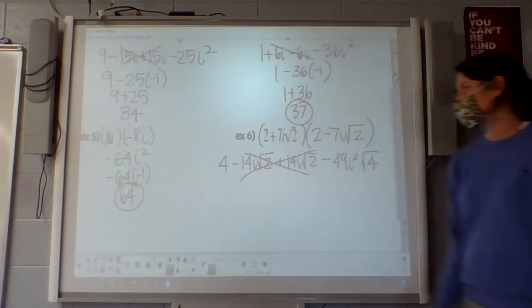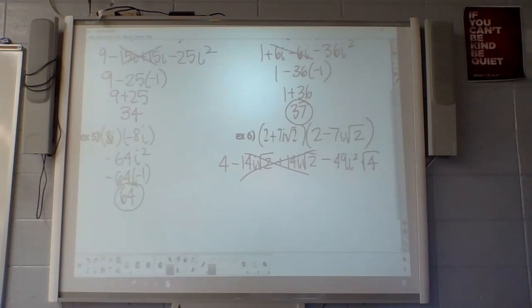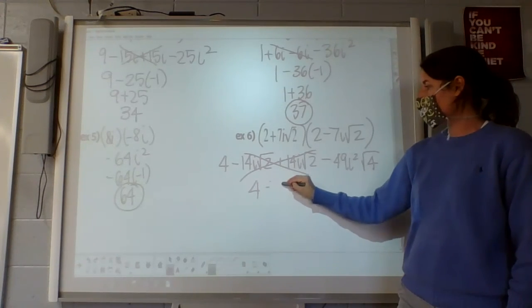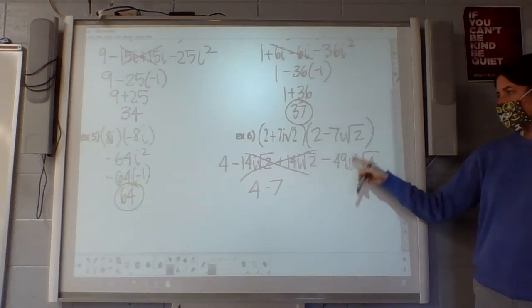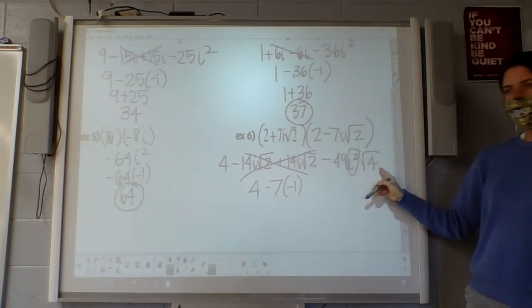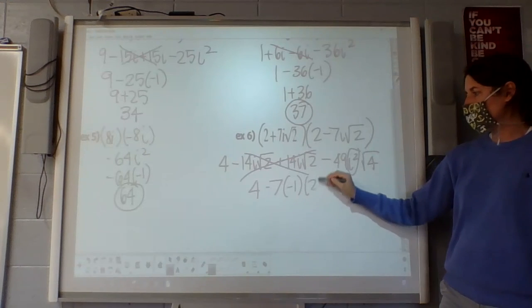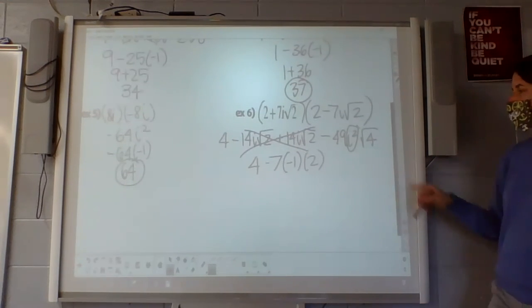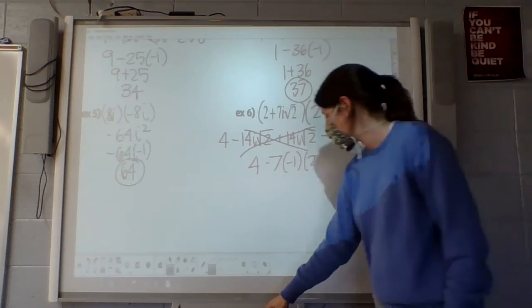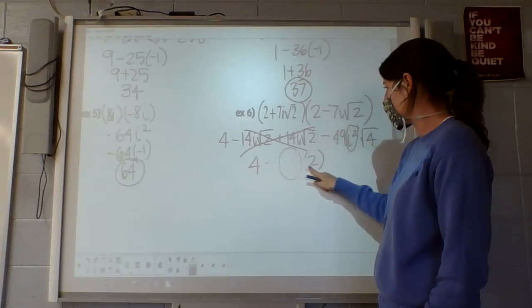These cancel. This is minus 7, but this is negative 1. And then this is 2. Take a minute to be okay with that, or ask. Oh no, not 7, it should be 49, sorry. Why did I change that? Take a minute to be okay with that.